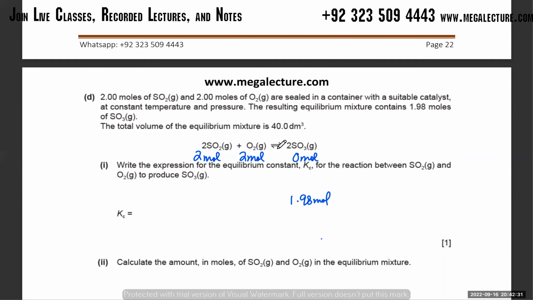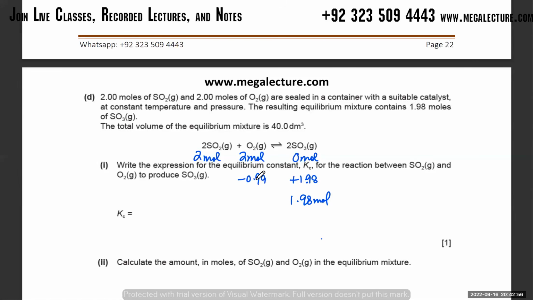So you started off at 0. Now you've got 1.98. That means 1.98 got produced, right? 2 get produced by 1. So here, how much O2 must have reacted? 0.99, right? Because it's 2:1.